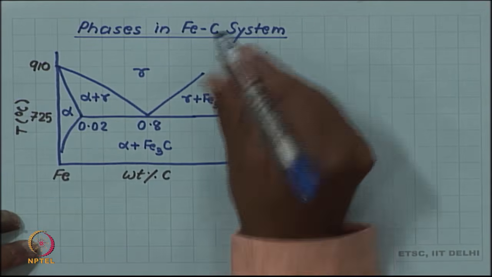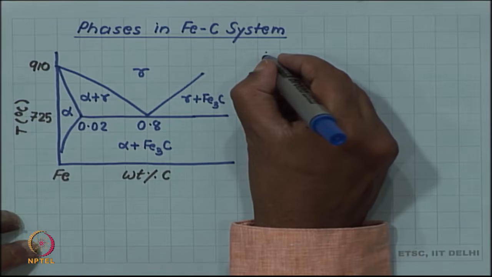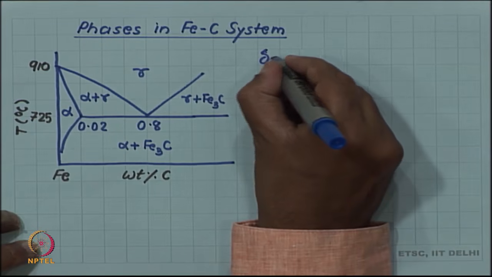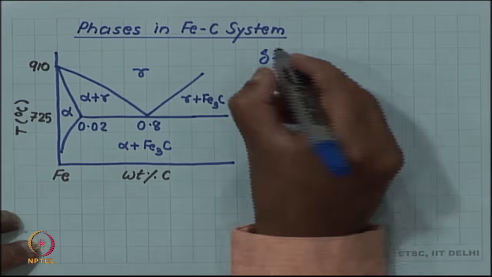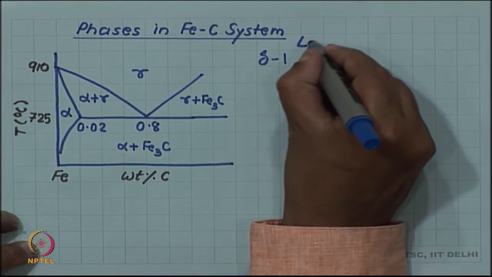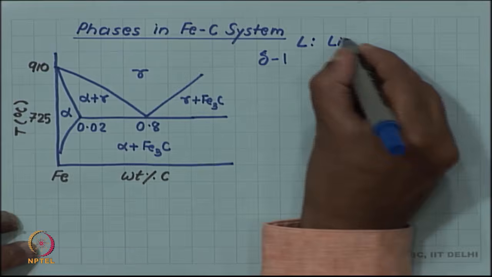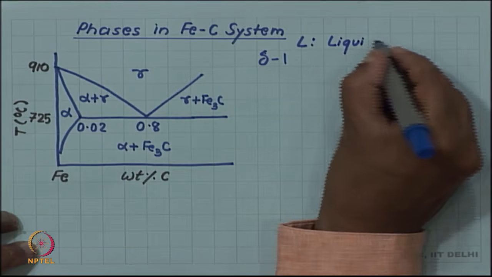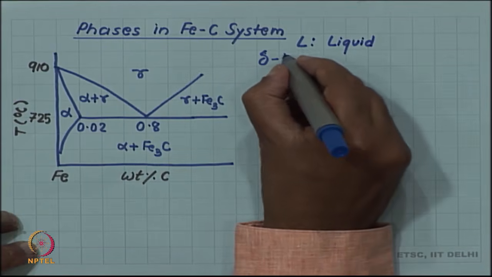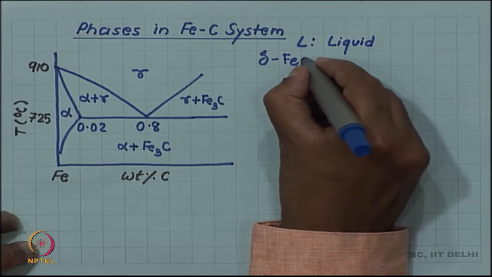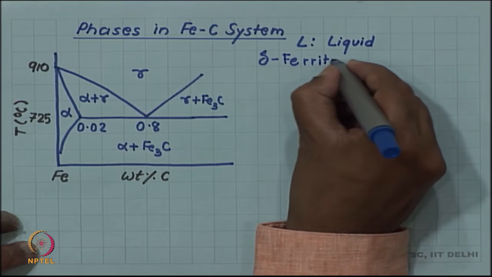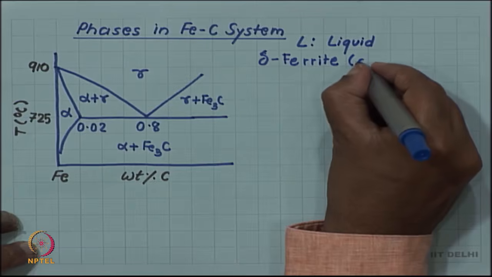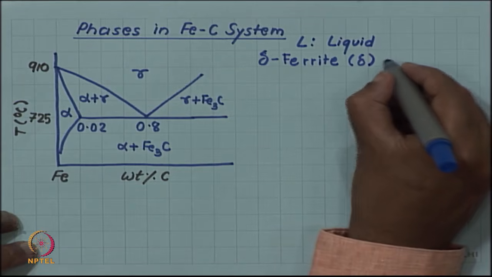So, at the highest temperature, not shown here, you have delta ferrite. Of course, before that you have liquid, and then you have delta ferrite, symbol is delta.